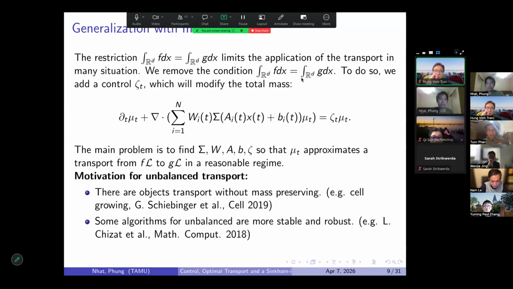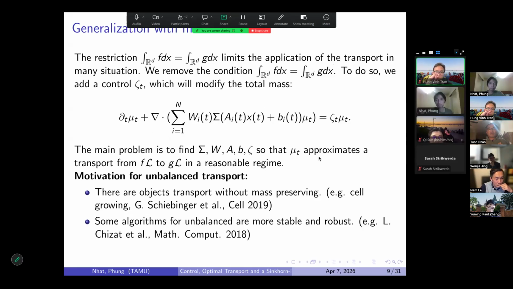It might be a little bit different, so we add one more control. This is the mass control, and we still focus on the neural network here, but we have the mass control. So the problem no longer needs this requirement, and we can be a bit more flexible in working on the problem.